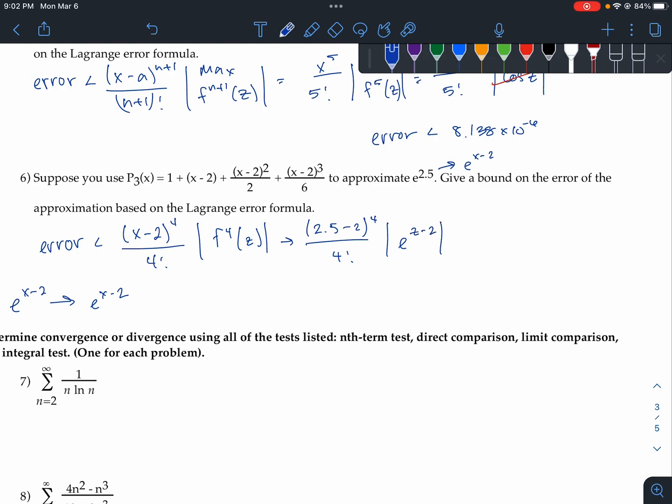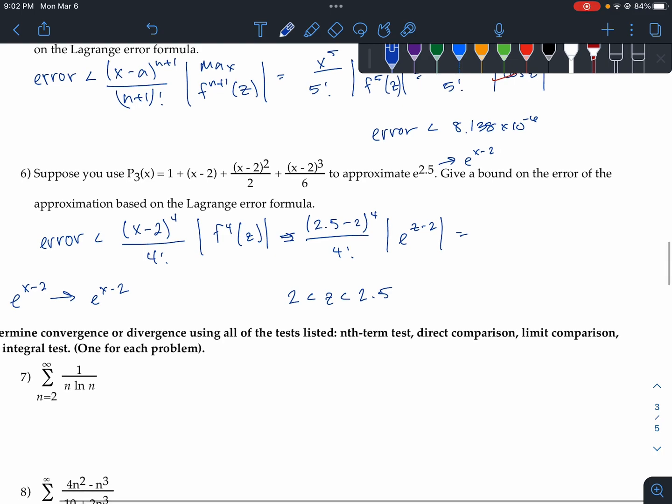And now z in this case is going to be between 2 and 2.5. So this is our center, this is our approximation at 2.5, and which one would give a larger value? Definitely 2.5. So this is going to be equal to 0.5 raised to the fourth divided by 4 factorial, and then e raised to the 0.5.